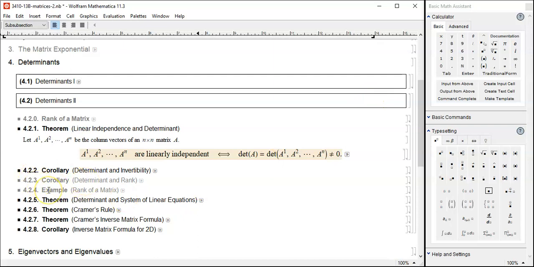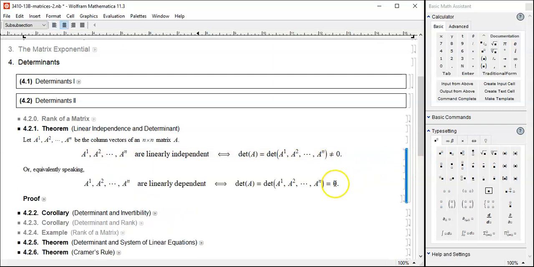So, all the column vectors are linearly independent if and only if the determinant of the matrix is non-zero. And we'll have the same thing for the row version as well.